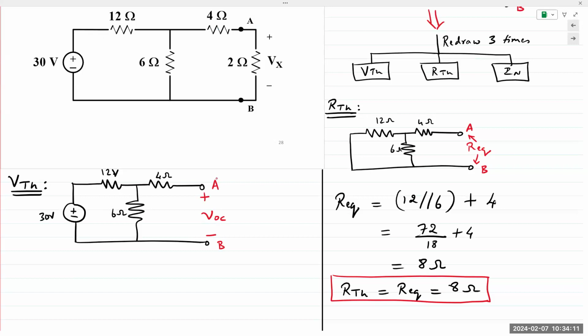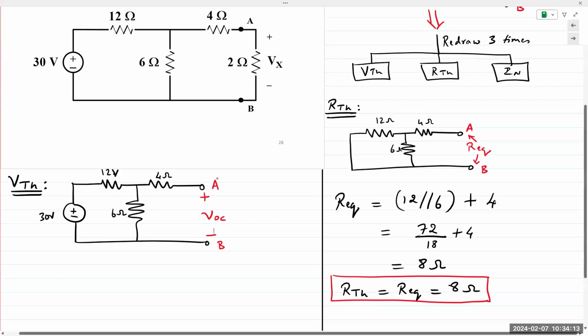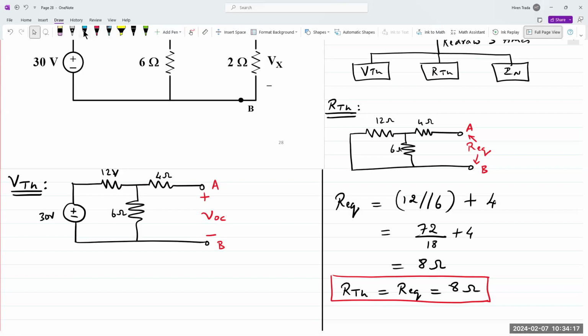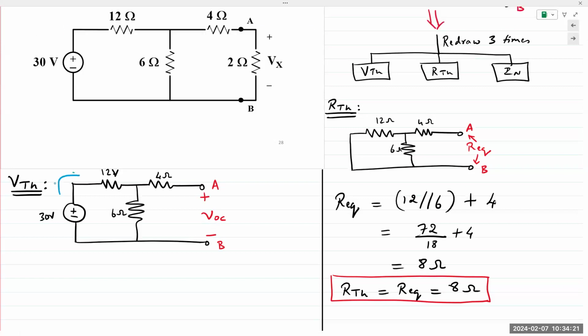So plus minus VOC between terminals A and B. Before we begin analysis, I'm going to draw out this current, and let's call this IL, just to keep it different from all other notations.